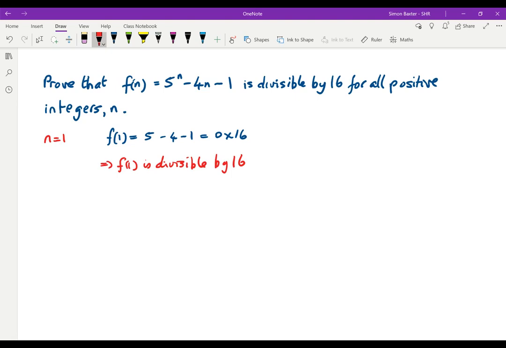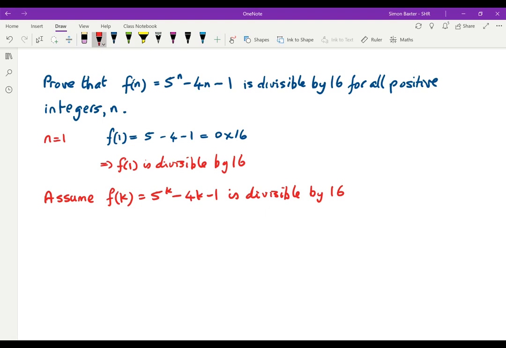So the next part of our proof by induction is the assumption. Let's assume that fk, in other words, when n is k, that this is equal to 5 to the k minus 4k minus 1 is divisible by 16.